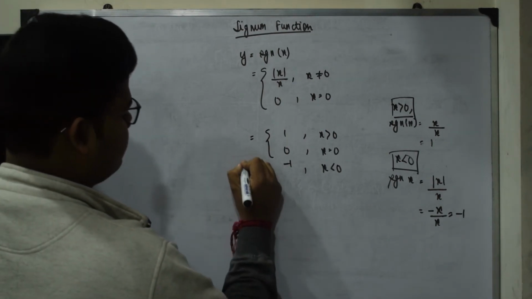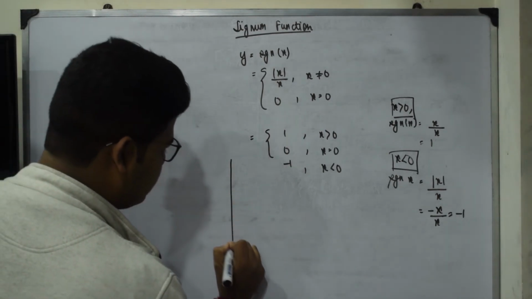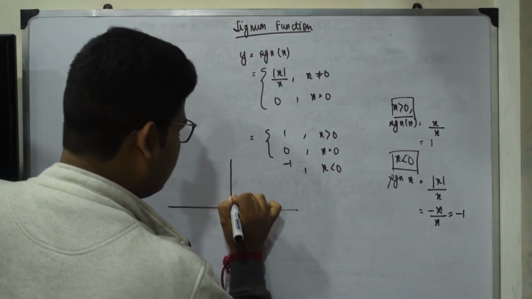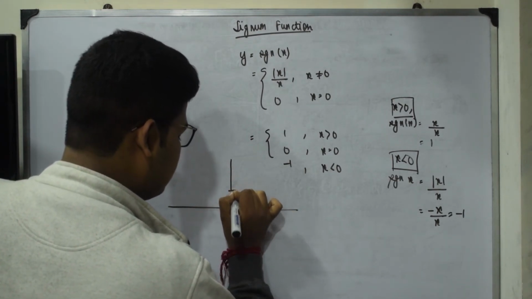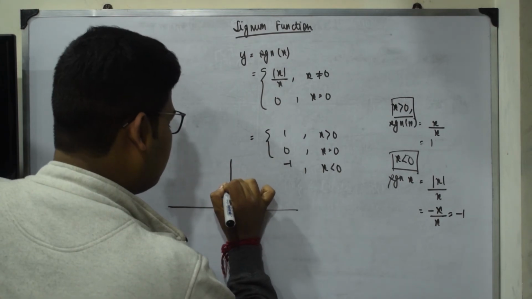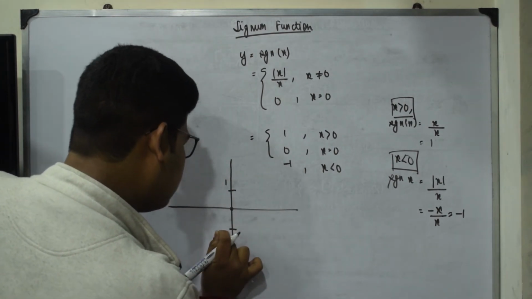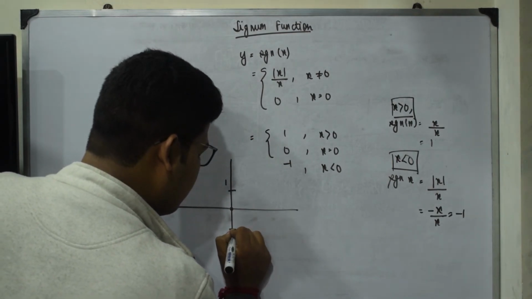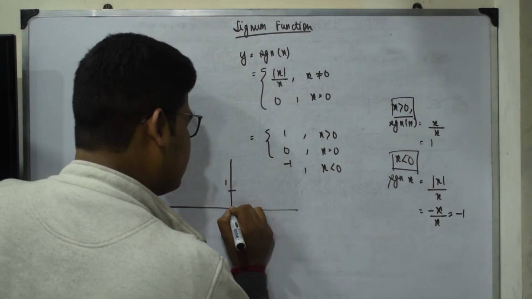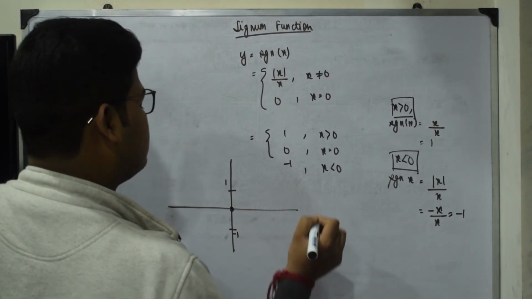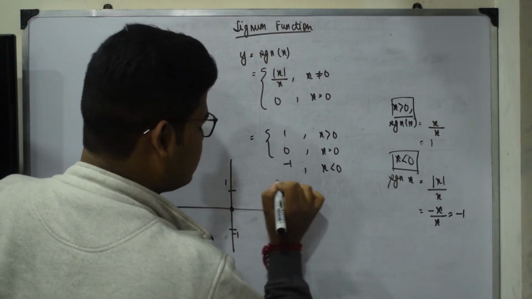So the graph goes like, we have 3 values: 1, minus 1, and 0. For x equals 0, it's 0. For x greater than 0, it's always 1.